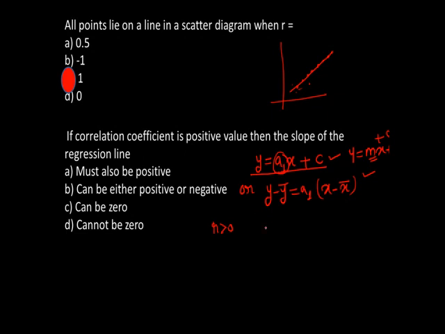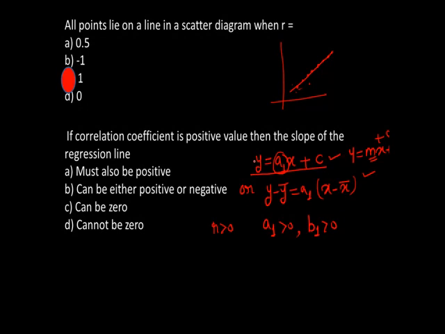So what should be the nature of this? a1 is nothing but the slope of the line, and as we know, when r is greater than 0, the regression coefficient, or here the slope, also has the same sign. So a1 must be greater than 0, as well as b1 is also greater than 0. So what should be the slope? The slope must always be positive if the correlation coefficient is positive.